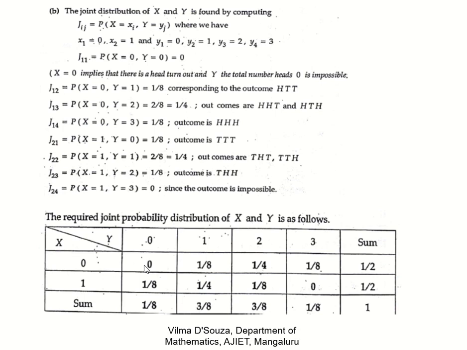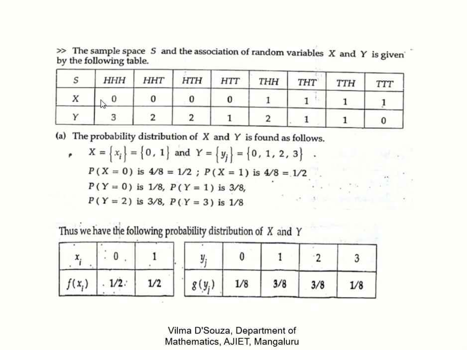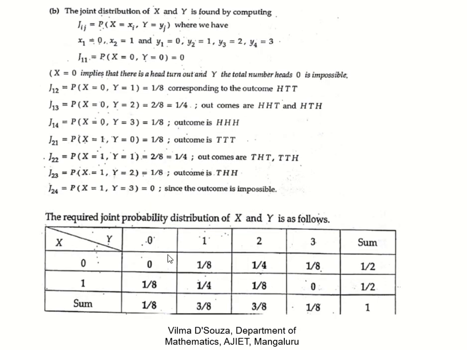What is P of X equal to 0, Y equal to 0? When do you get this? When X is 0, nowhere can you observe Y is 0. Right? So what is the probability? 0.